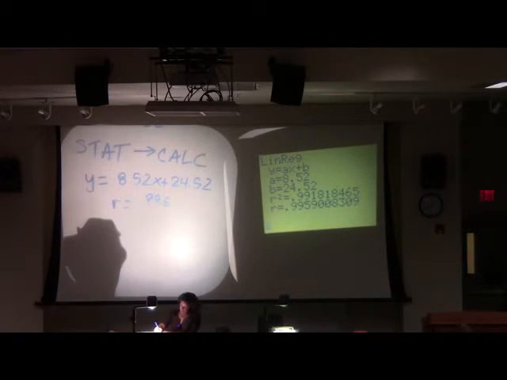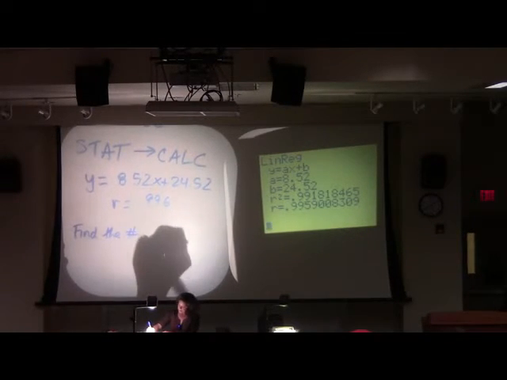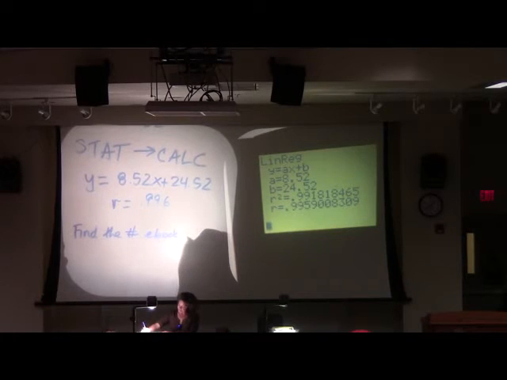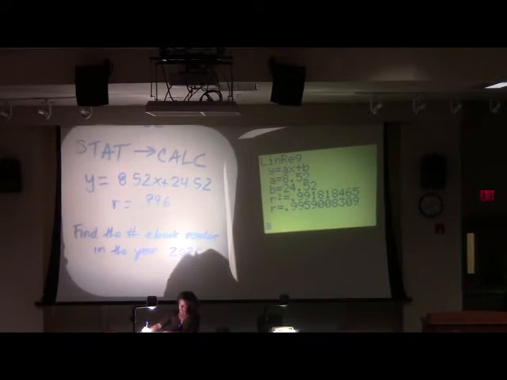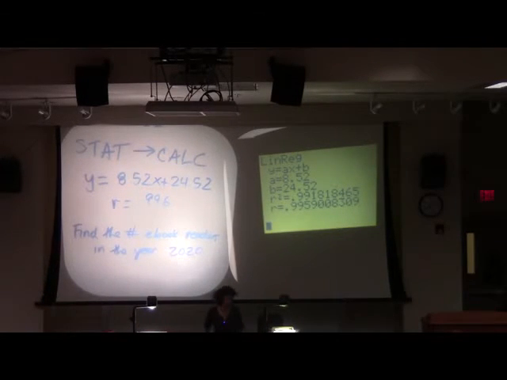What if I want to find the number of ebook readers in the year, how about 2020? Okay, now we're going to use this line.